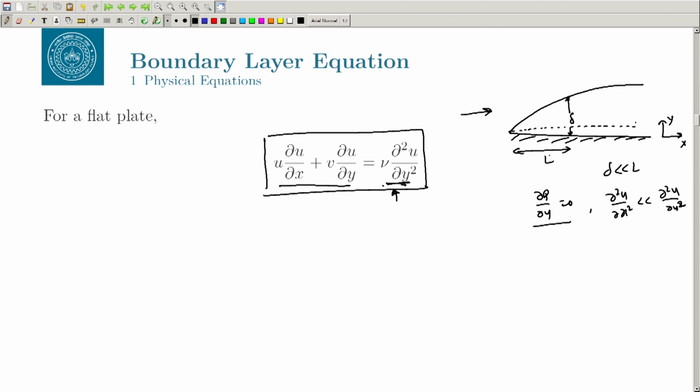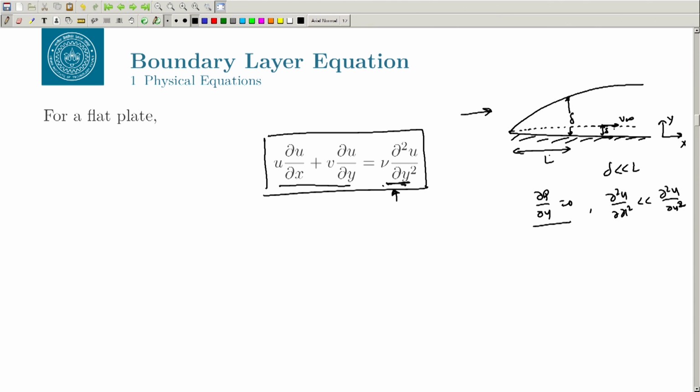Although you will have the gradient, you cannot ignore the boundary layer, no matter how high your inertial force is. You will have the velocity going to 0 here and velocity going to u infinity here, but this distance, the delta, may become very small, but delta has to be there.